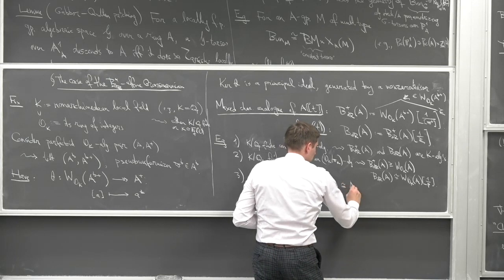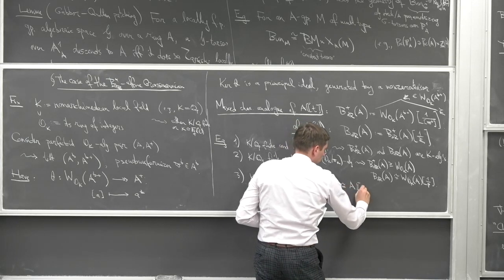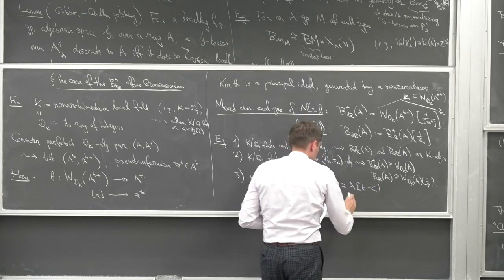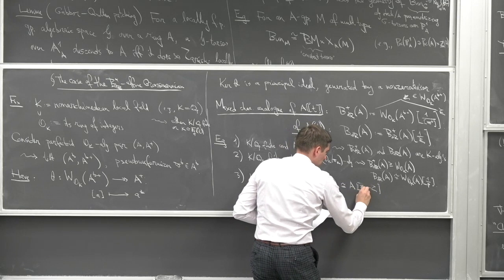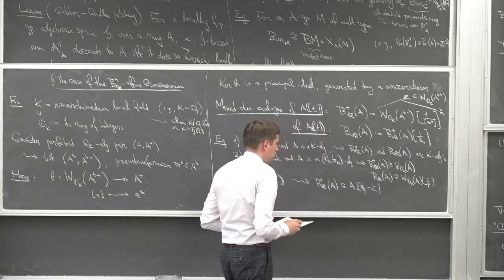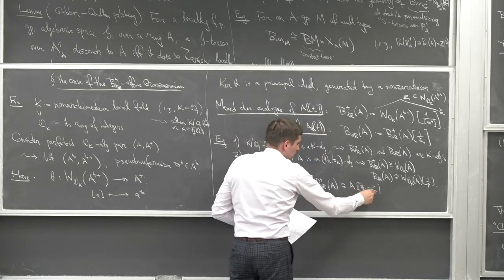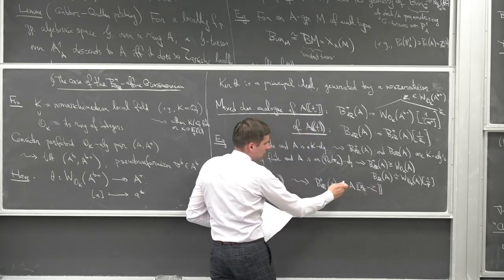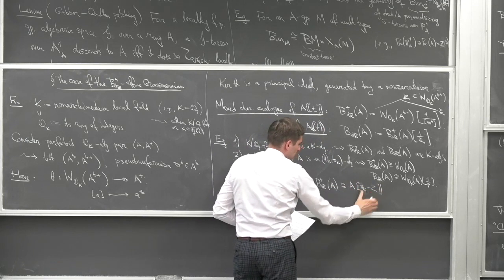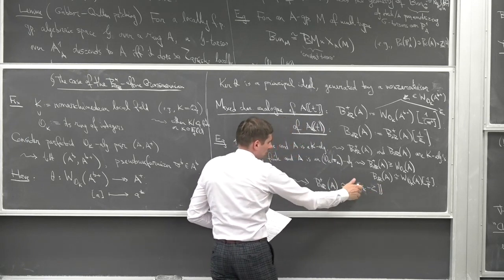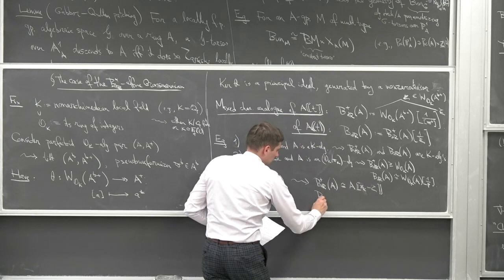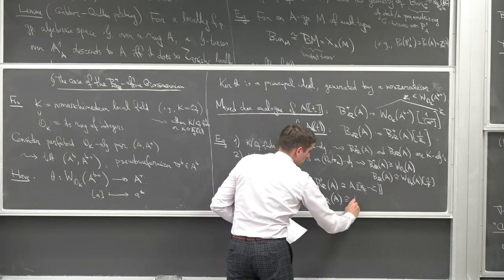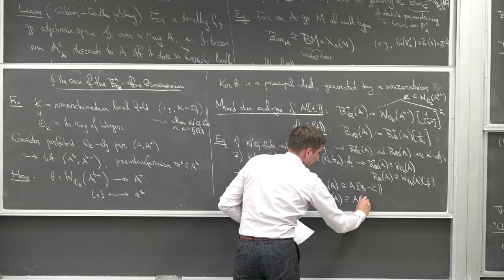So this is power series in the variable, kind of, t minus zeta, where K is a uniformizer, and then the map theta just kills this ideal. The map theta is the map which associates the constant term. And B_dR of A is a Laurent series ring, a power series with t inverted.